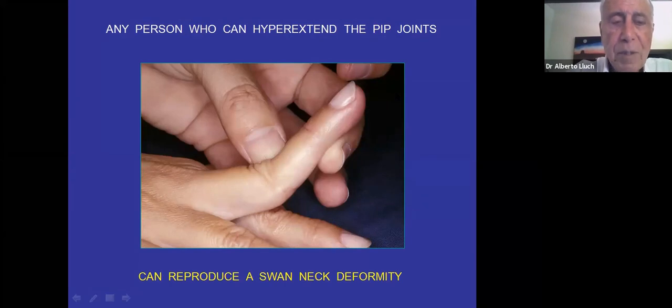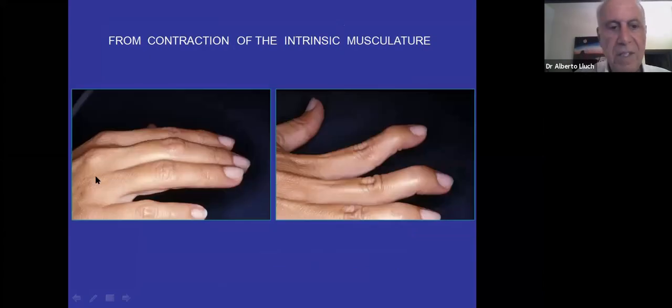And another observation: any person who can hyperextend the PIP joint, and probably some of you can, can reproduce a Swan neck deformity. This is a young girl with relaxed joints, that I could hyperextend the PIP joint about 25, 30 degrees. And here we can see the same girl at rest, and here creating a Swan neck deformity.